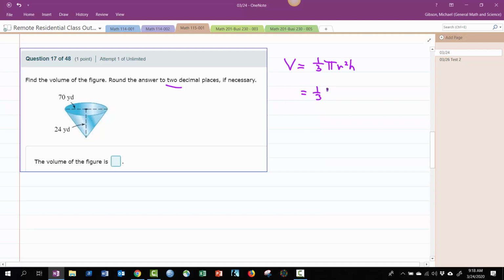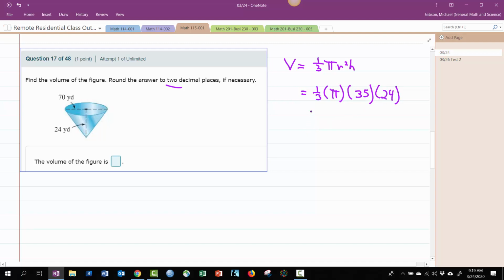All right, so 1/3 times pi, which I'll take off my calculator. You notice it's 70 yards all the way across, so that means r will be half of that, right? So r is going to be 35 yards. And then the height they tell us is 24.